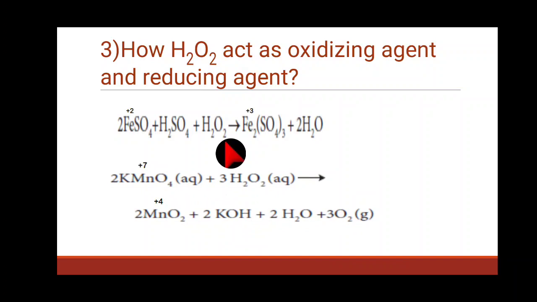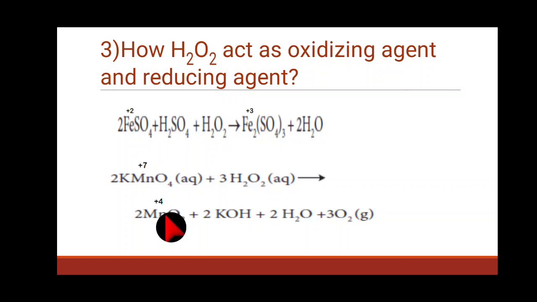The same hydrogen peroxide in the second equation acts as a reducing agent. An aqueous solution of potassium permanganate is treated with hydrogen peroxide. Manganese oxidation state is plus 7, and on the right side manganese dioxide has oxidation state plus 4.